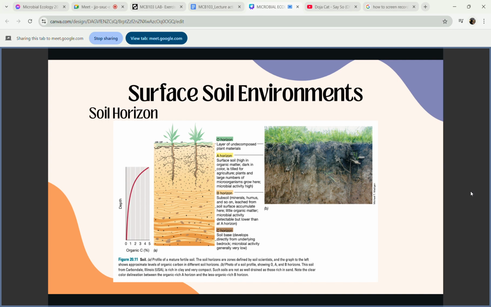It is a mineral-rich layer with iron and aluminum clays, often red or brown in color, and where deeper plant roots extend. And the last layer is the C horizon, where it extends into the bedrock. This layer has minimal organic material. Let us note that the microbial diversity generally decreases with depth, just like in aquatic environments.